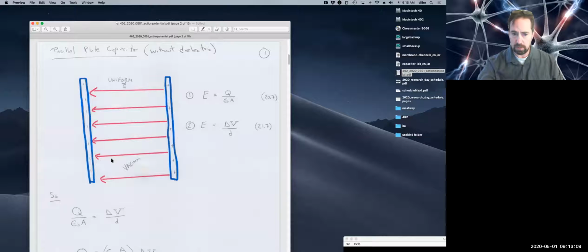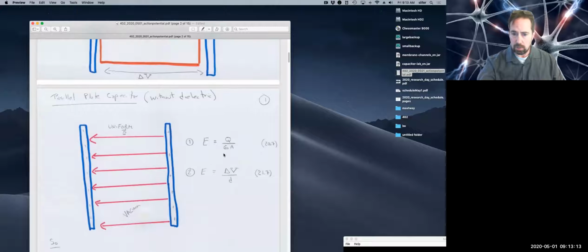The governing equation for this is E equals Q over epsilon naught A, where Q is the charge on either of those plates and A is the cross-sectional area of these plates. Remember, I'm looking at them head on, but they actually have a cross-sectional area. That A signifies the transverse dimension of these plates.